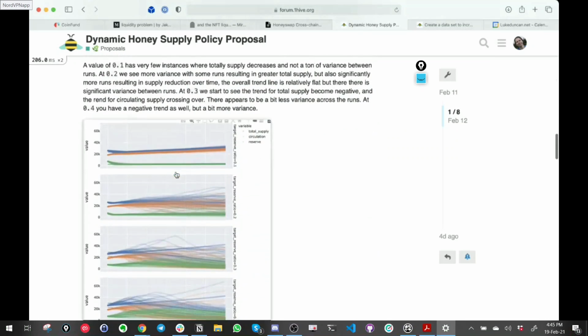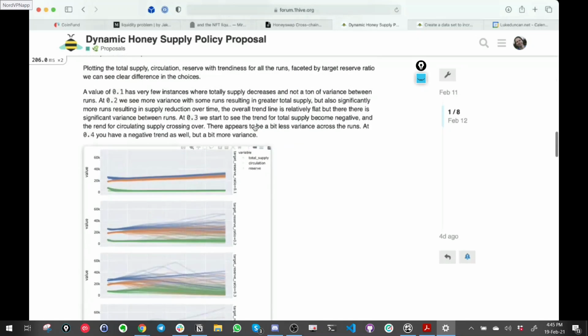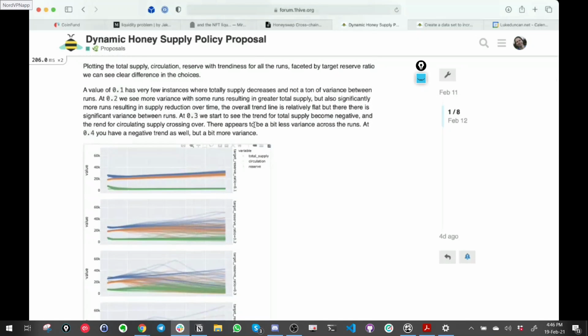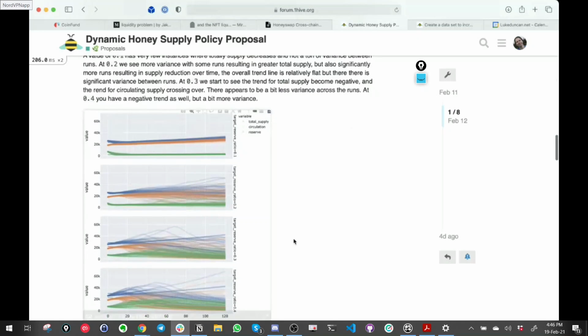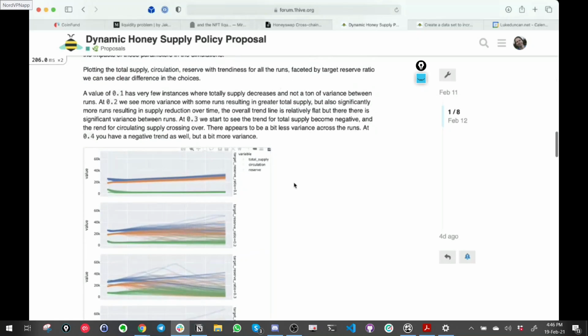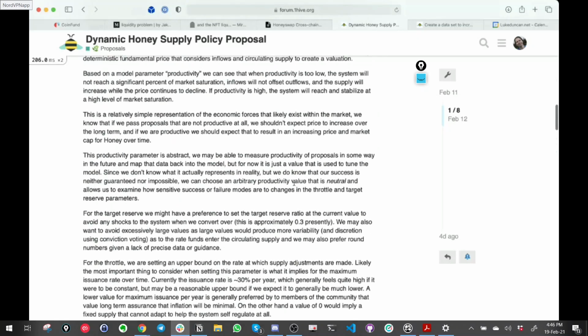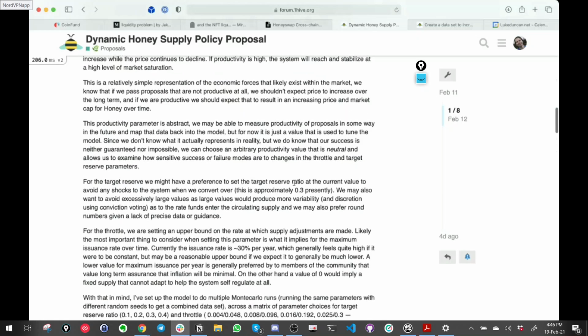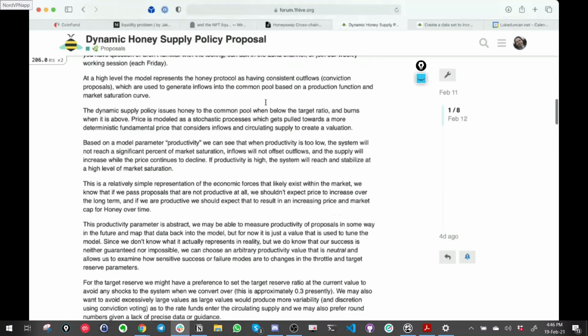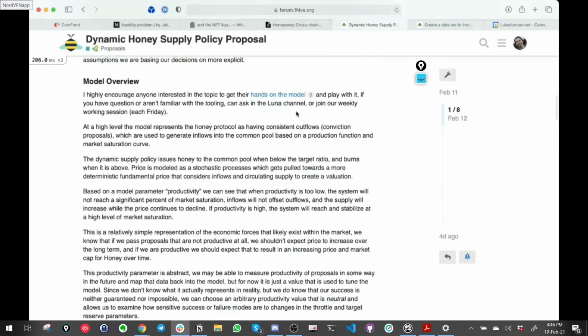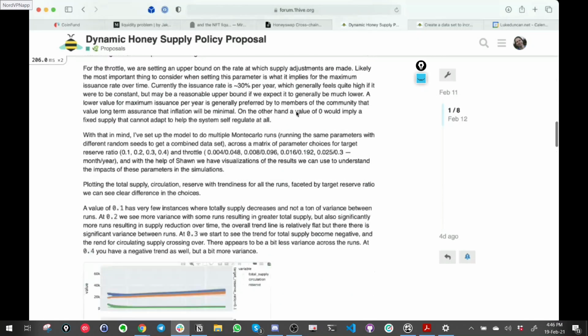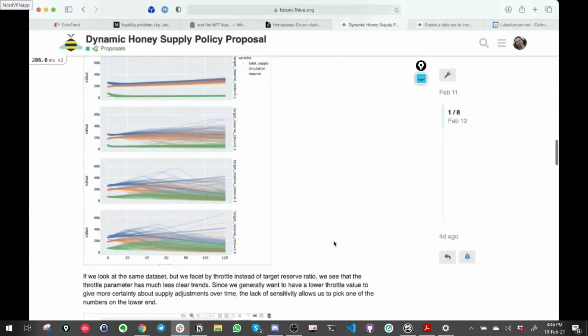But it gave us a framework for deciding what policy to choose and what the specific parameters should be, like the target reserve rate and how it interacted with other parameters. This proposal on the forum walks through the reasoning and some of the assumptions, and it links to the cadCAD model we created if you want to explore that as well. It also summarizes the process.